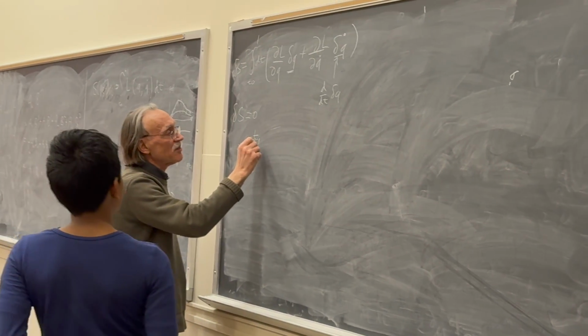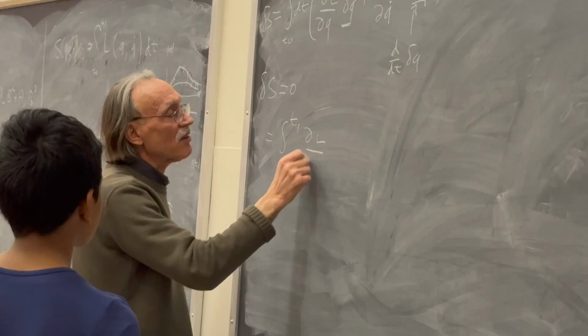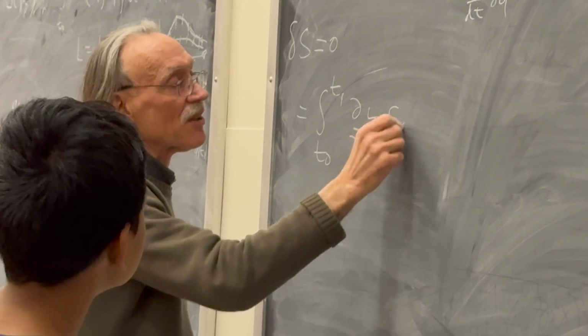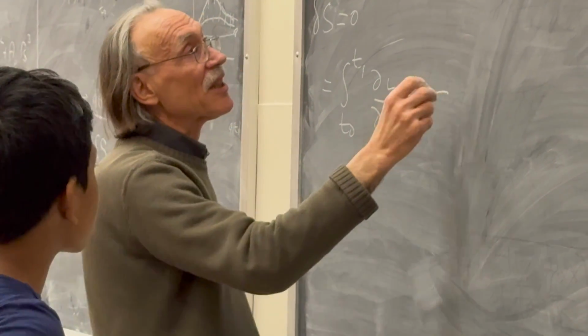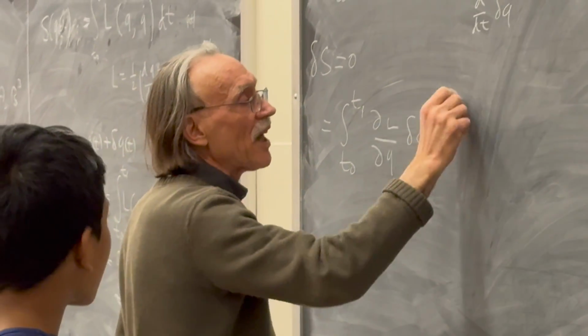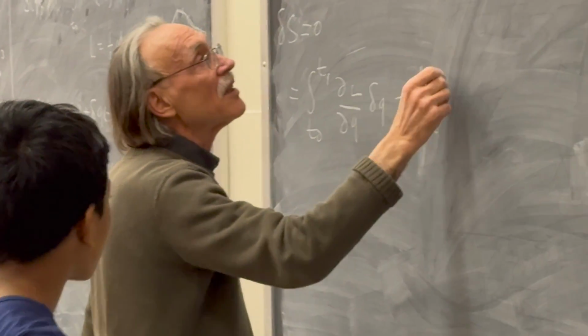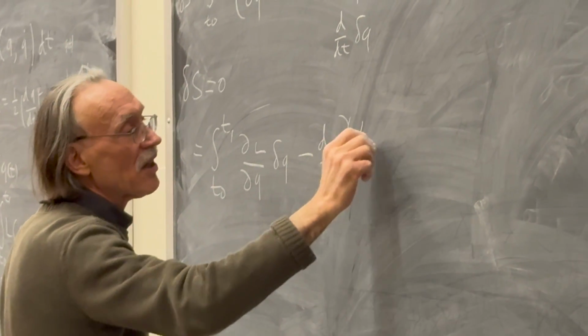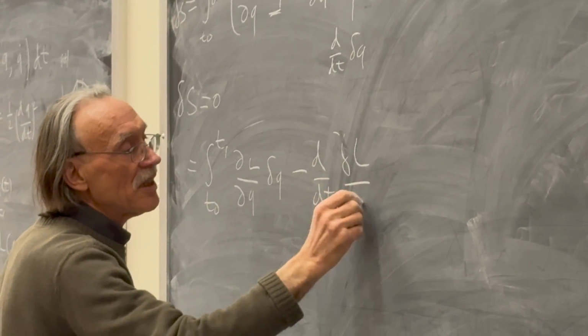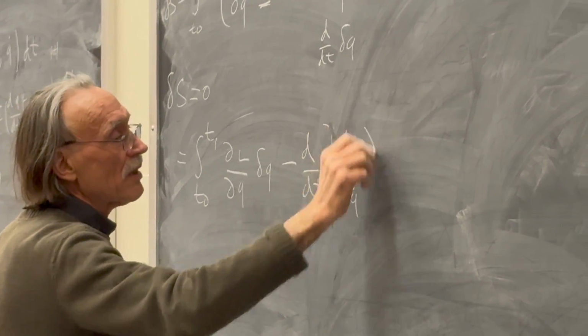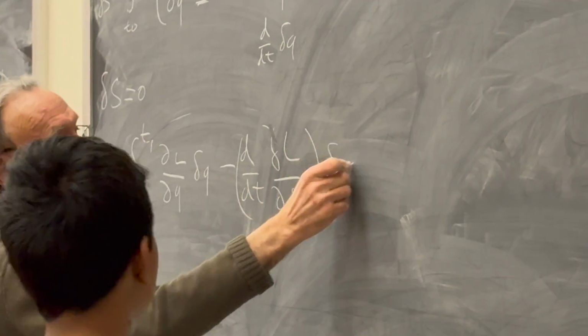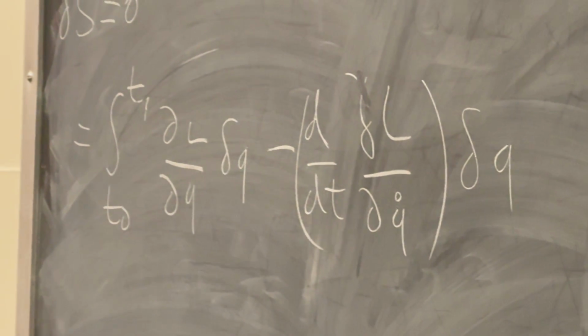So this is dL/dq times delta q. And then by integrating by parts, this term you get minus d/dt of dL/dq dot times delta q.